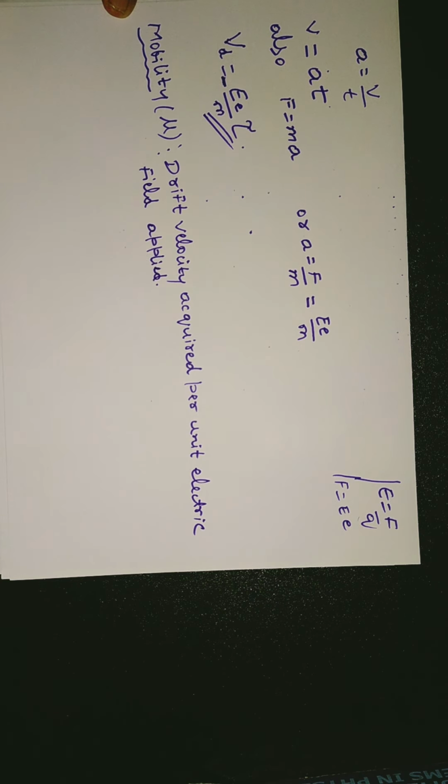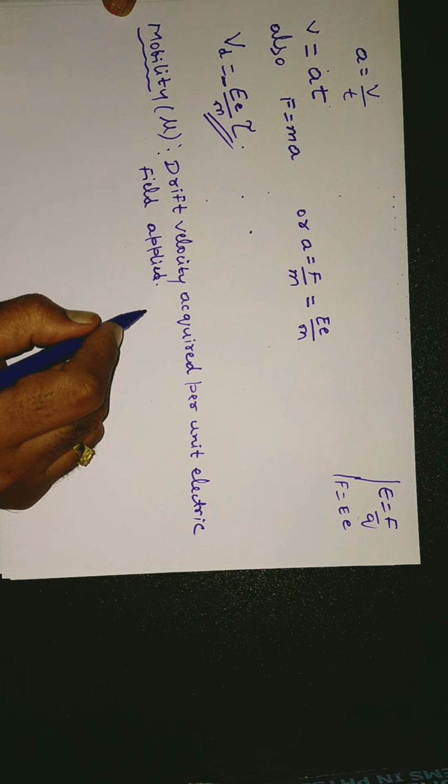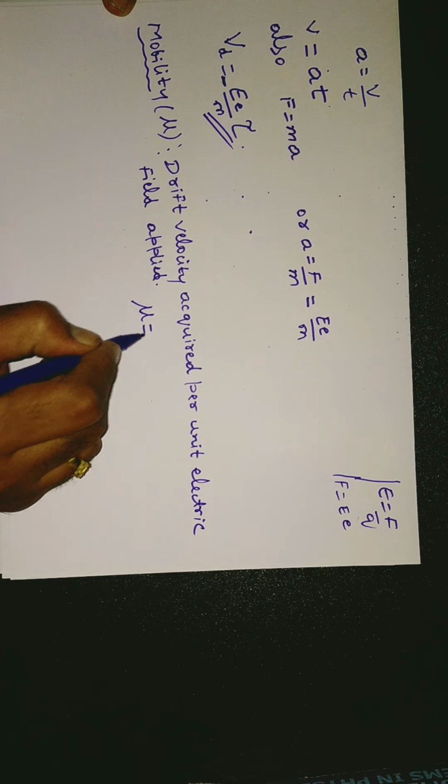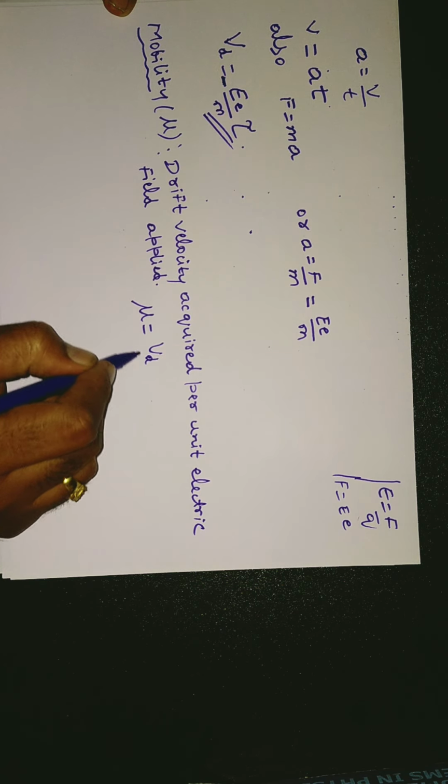This is what is called mobility. So mathematically, mu is given by Vd by E.